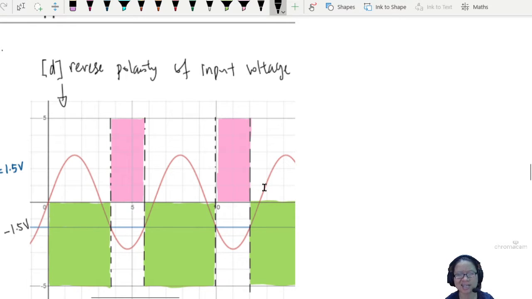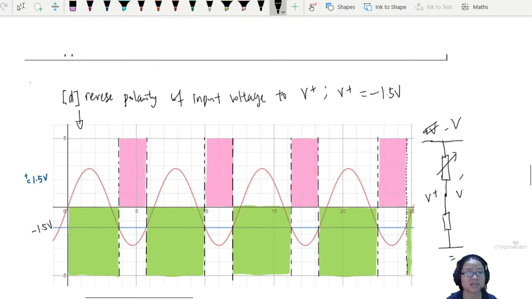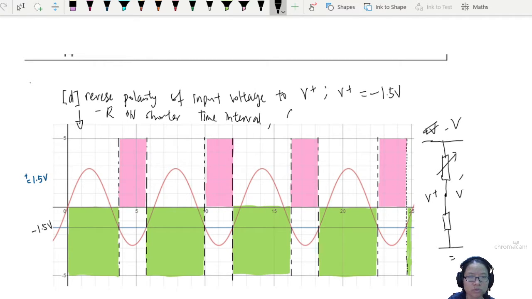It's not exactly timed perfectly because the intersection time is actually different. But what I could say here is if we reverse this, then the R will be on at the shorter time interval. G will be on at longer time.